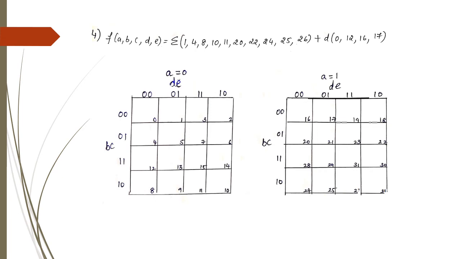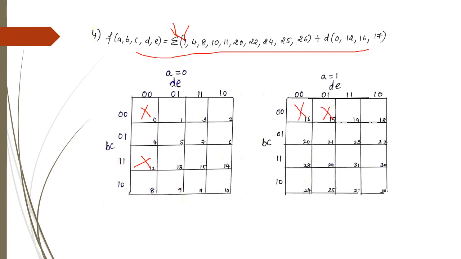So this is one more problem, where along with the minimal sum, or summation expression, you have a don't care. D indicates don't care. Wherever you have these don't care cells, you fill those first. So I fill the don't care cells with a cross mark: 0, 12, 16 and 17.